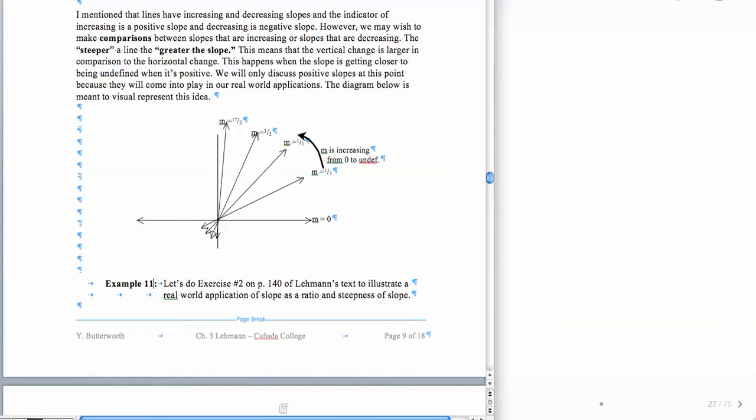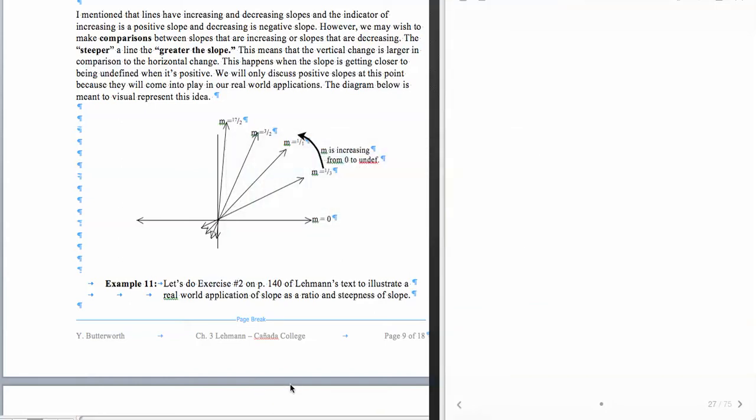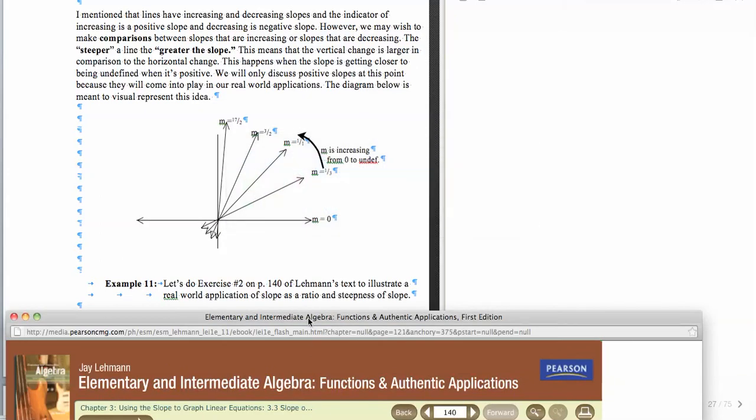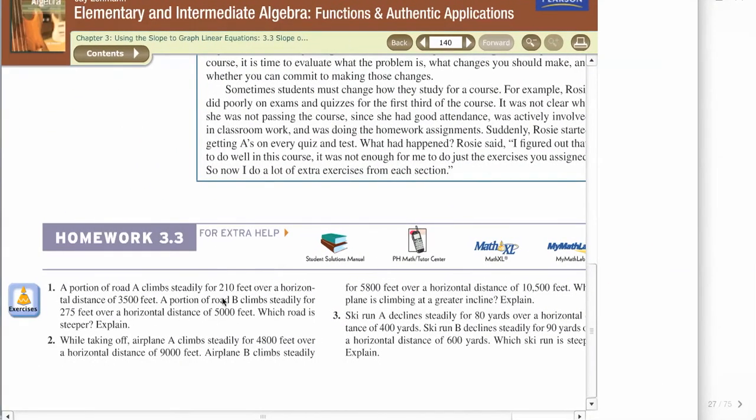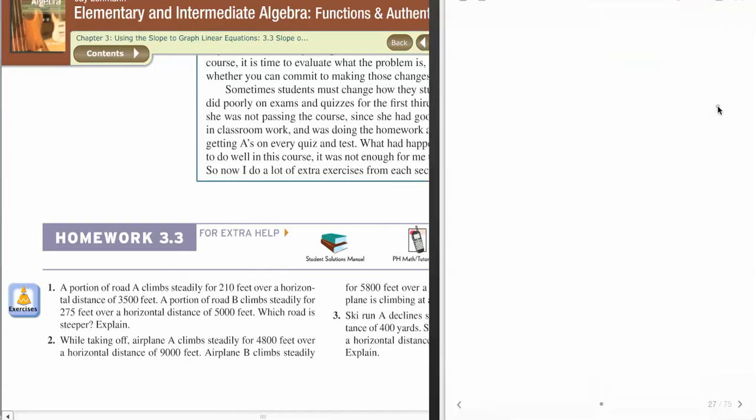And so let me see if I can bring that up here. There it is. All right, and we're going to look at this. This is going to take up most of our space here, so I'll have to switch back and forth. It says, while taking off, airplane A climbs steadily at 4,800 feet over a horizontal distance of 9,000 feet.